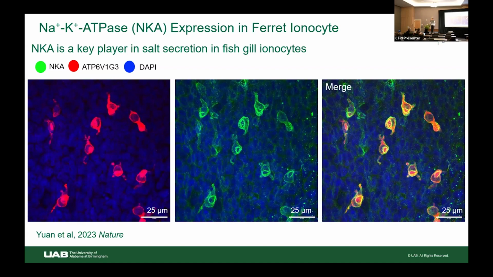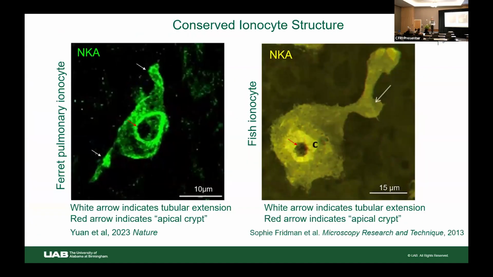And we found a very unique structure of ionocyte is that the NKA expression is very highly enriched in those apical rims, as we can see in those images. Then next, we did a comparison of the ferret pulmonary ionocyte to those fish gill ionocytes.